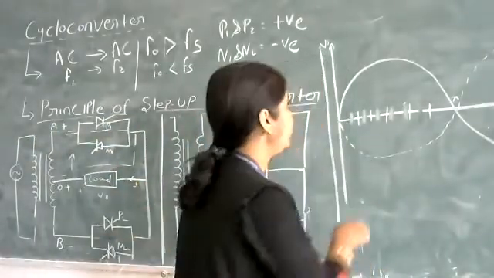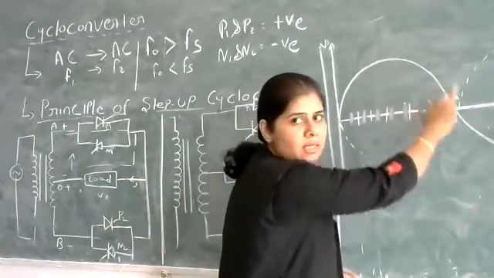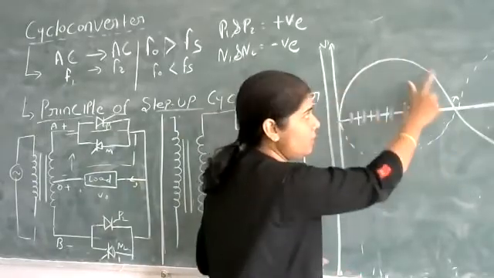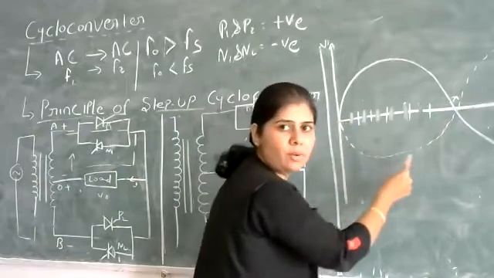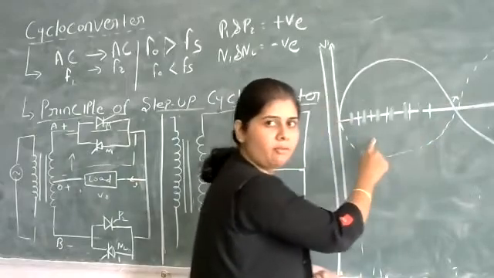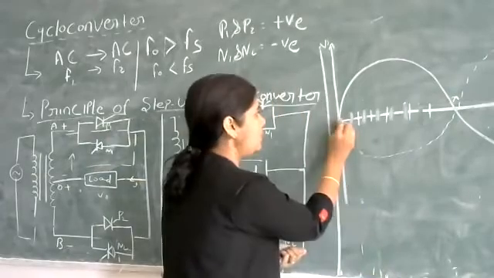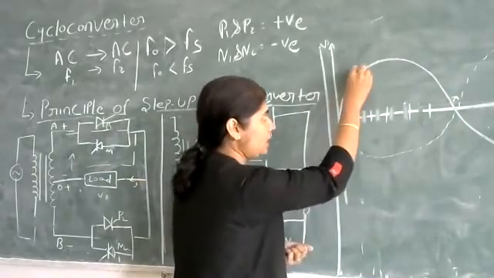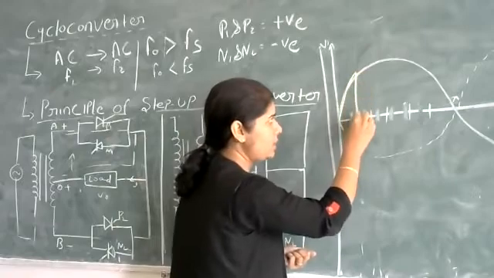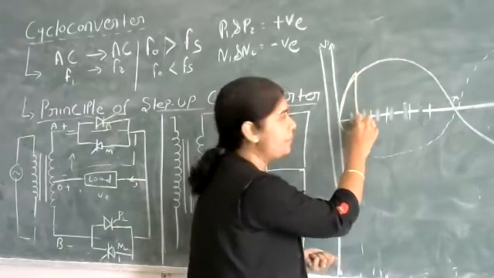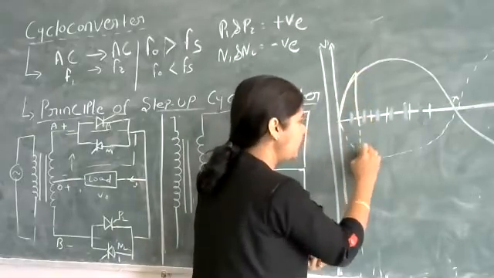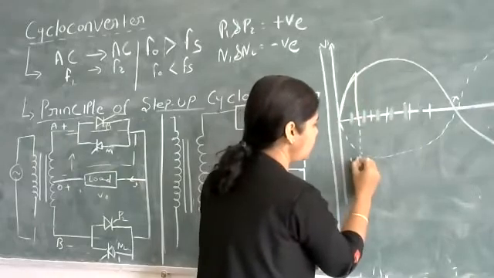You can see the waveform here. This is the supply voltage for the positive envelope and this is the supply voltage for the negative envelope. Firstly, we trigger thyristor P1, which is triggered for this interval.